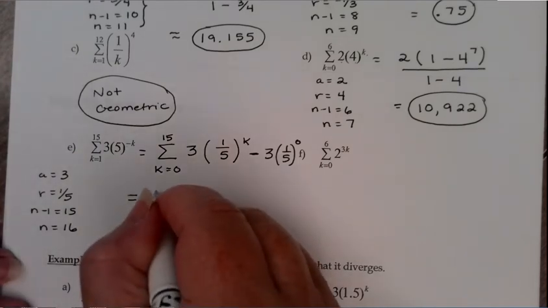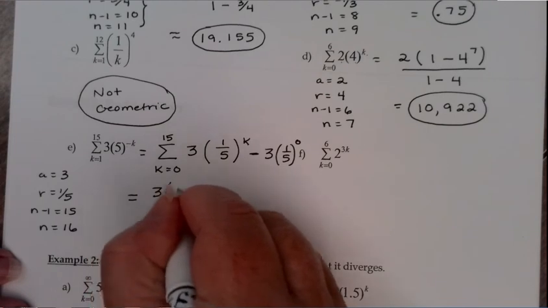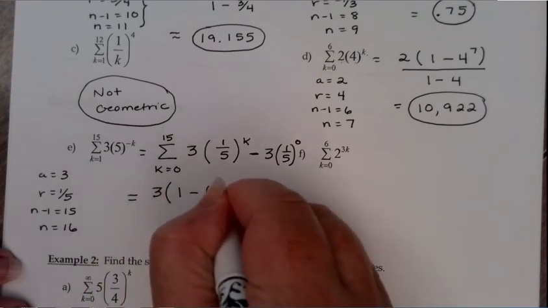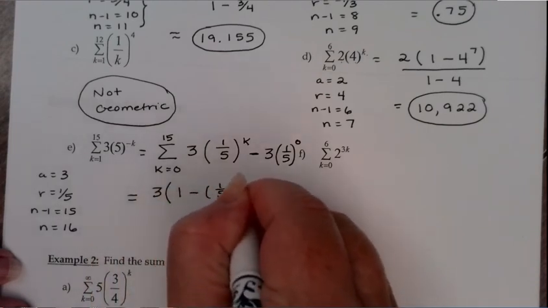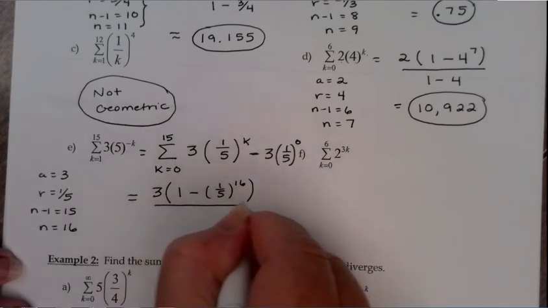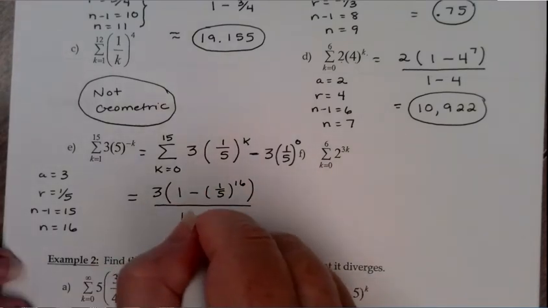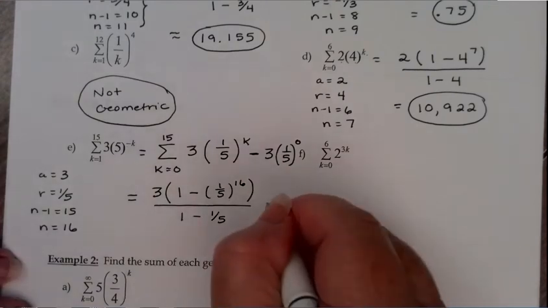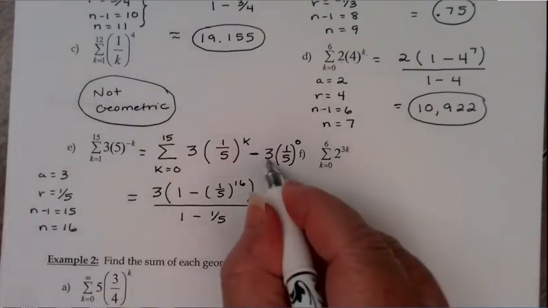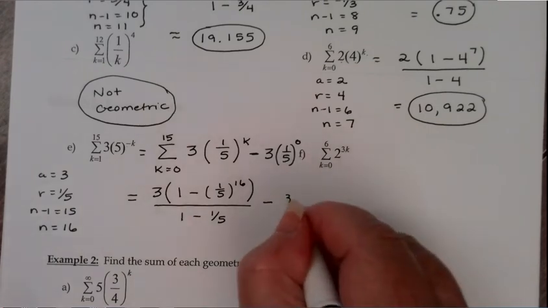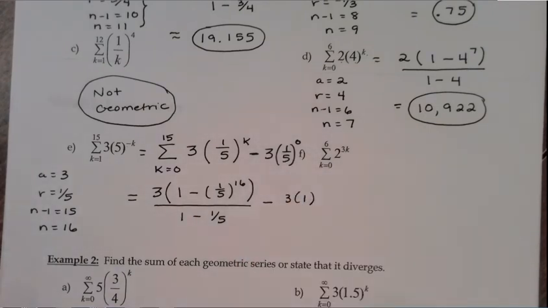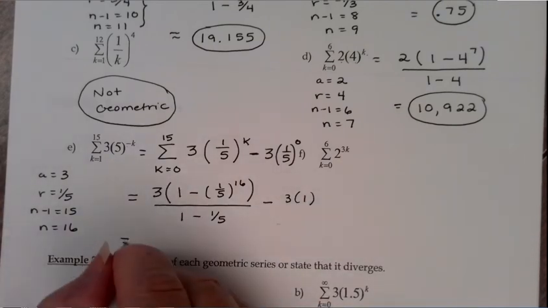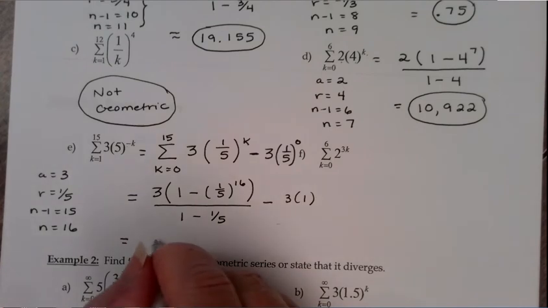And I'm going to get 3 times 1 minus 1/5 to the 16th power over 1 minus 1/5. And then I have to subtract. That would just be 3 times 1, or ultimately just 3. And once again, all this just gets plugged into a calculator. And I actually end up with 0.75 or 3/4 again.